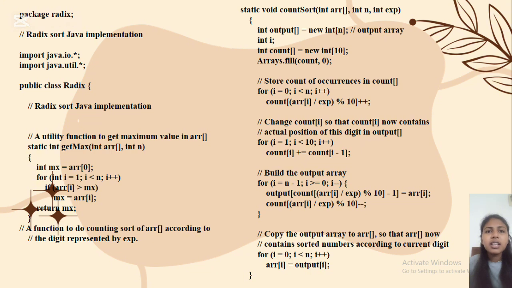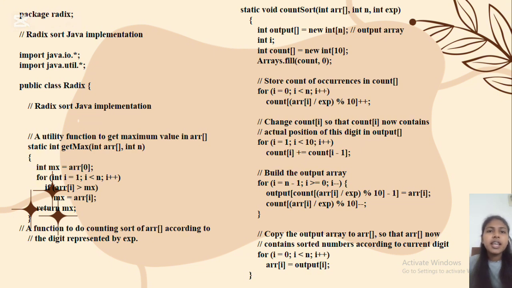In the array, i divided by exponent, modulus 10, extracts the current digit of the number. For example, if we take 345 with exponent 1, dividing 345 by 1 and taking the modulus of 10 equals 5. So count[5] increases the count of digit 5.